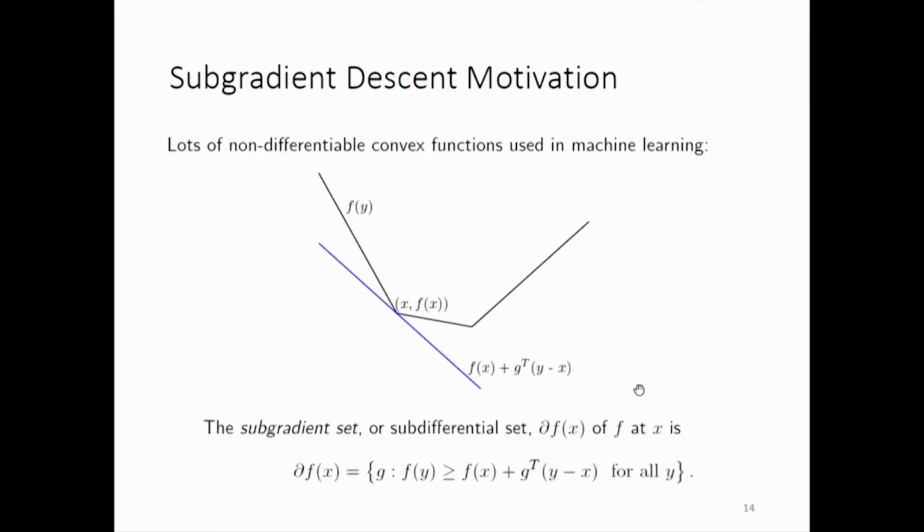So what is a subgradient? A subgradient is something like the blue line. For a convex function, the gradient always extrapolates a point to a lower value, right?